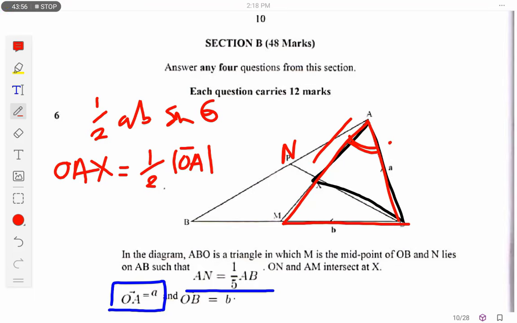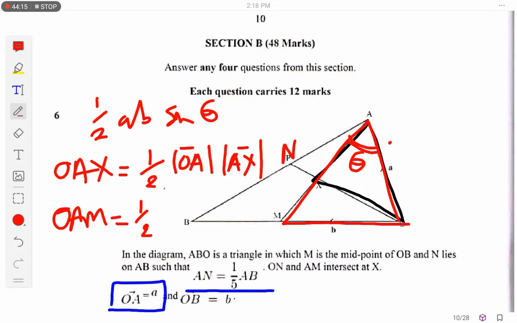So I can multiply by AX there, then my sine theta, the same common theta there. Then for my OAM, it's going to be half by OA, which is common, and then multiplied by AM, because I'm taking this angle theta there, by sine theta.